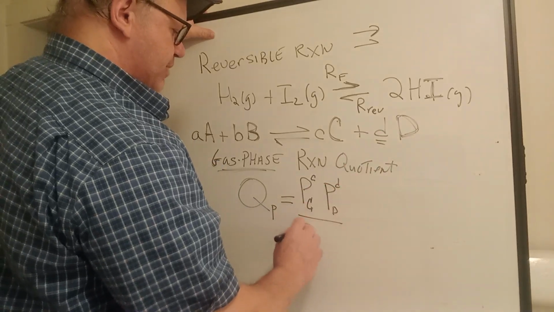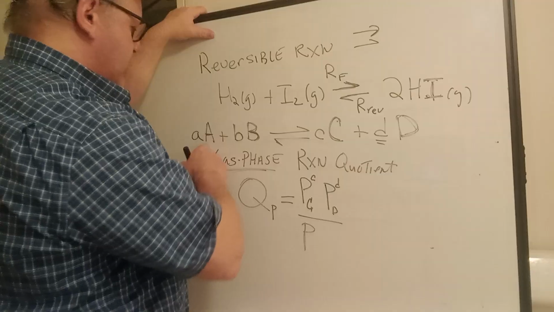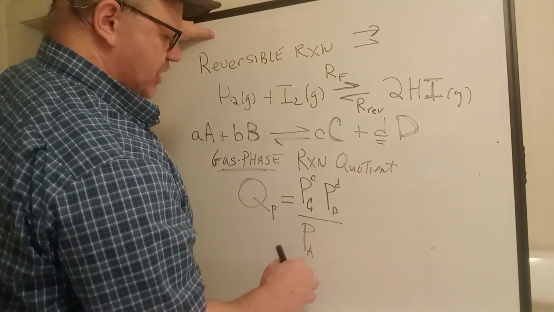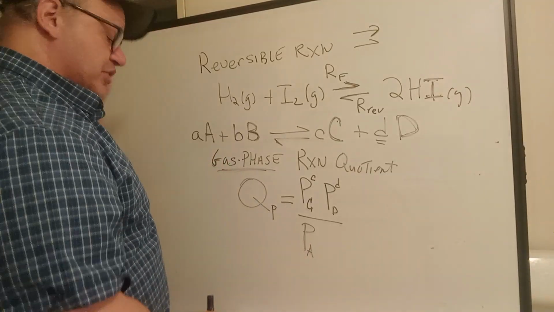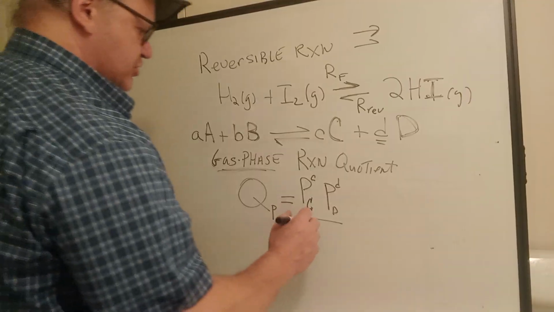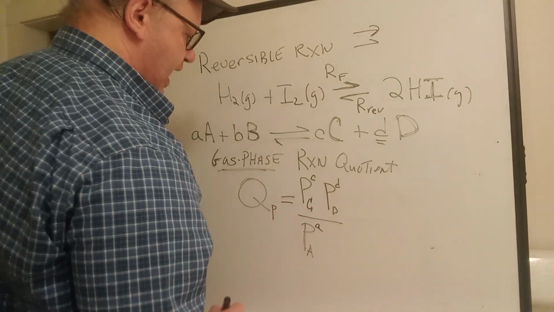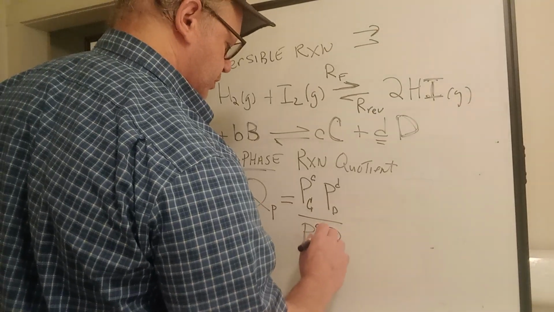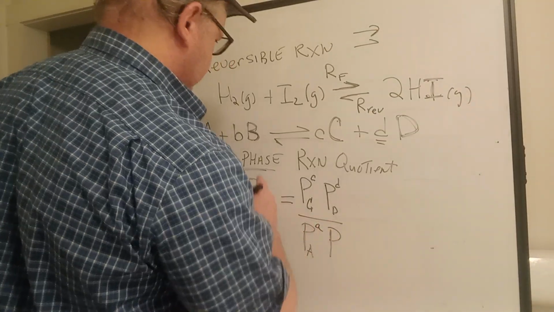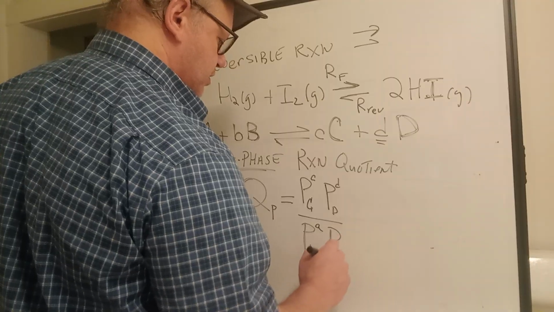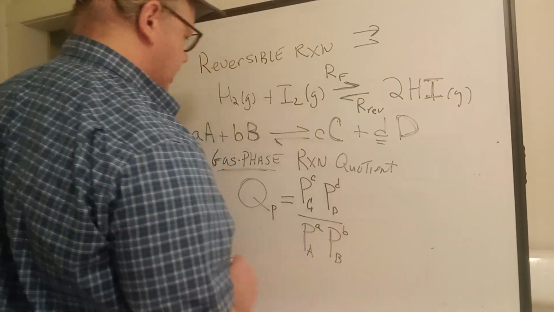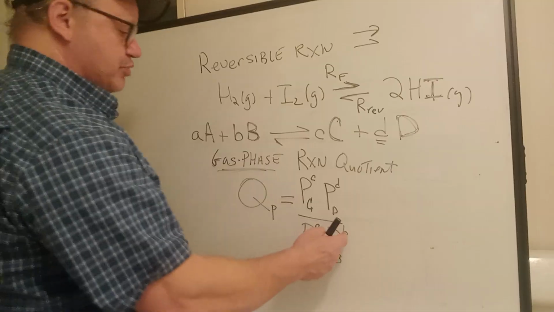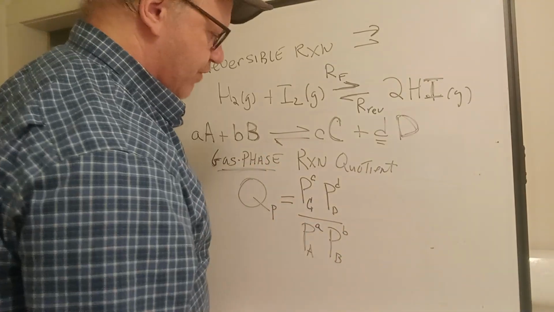Then you do the same thing with species A. The subscript is just denoting what species. The superscript is a power. And then we have B raised to the lowercase b. Sometimes it's just 1, in that case it would be 1. It could be a 2, that would be a 2, and so forth.